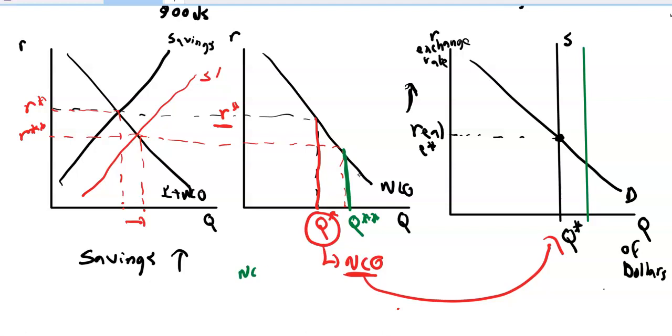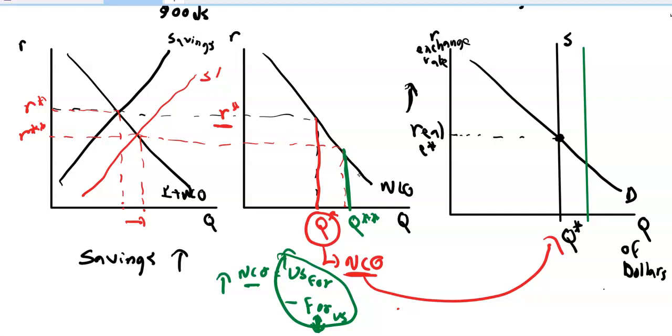So NCO equals US citizens buying foreign assets minus foreigners buying US assets. Falling interest rates means one will decrease and the other will go up, so this becomes more positive.